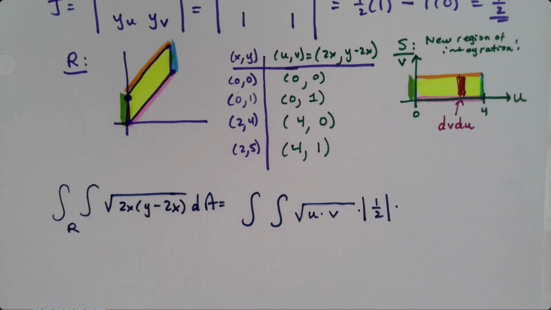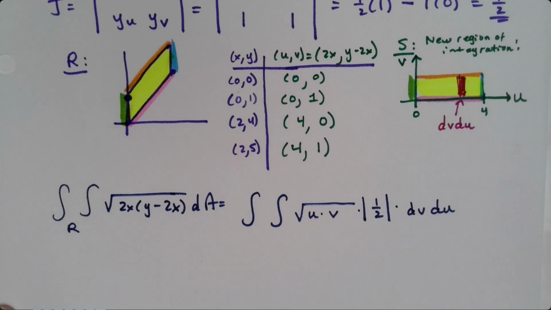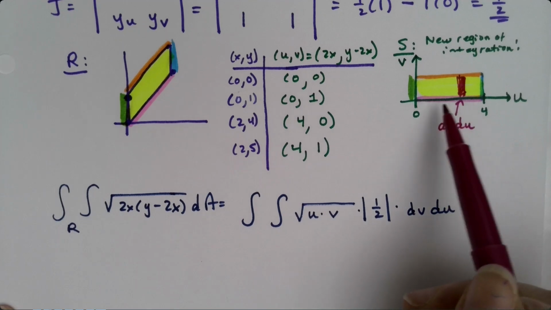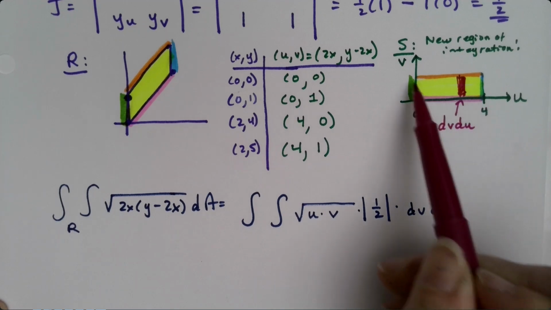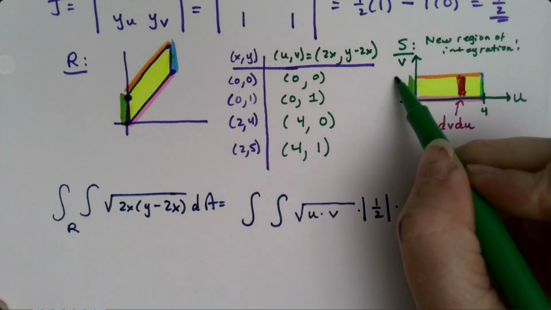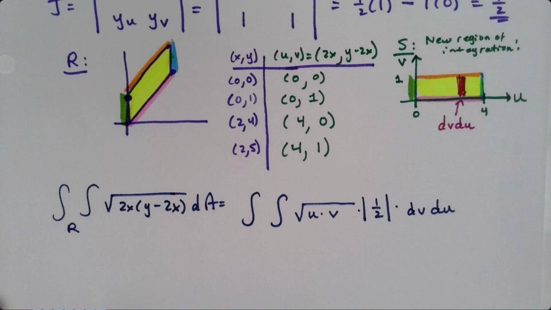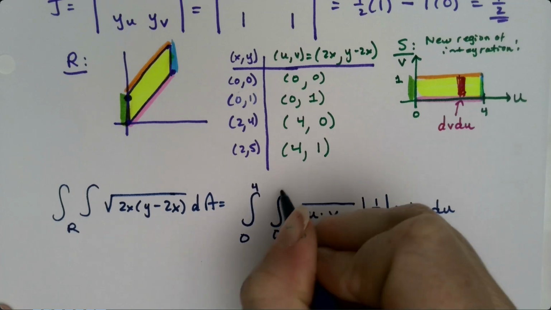So then down here we would go dv du, and this is a rectangle, so you don't get much easier than that. u goes from 0 to 4, v goes from 0, I should have put that value in, that's 1. It's right here, 1. Okay, so we're going to go from 0 to 4 for the u, 0 to 1 for the v.